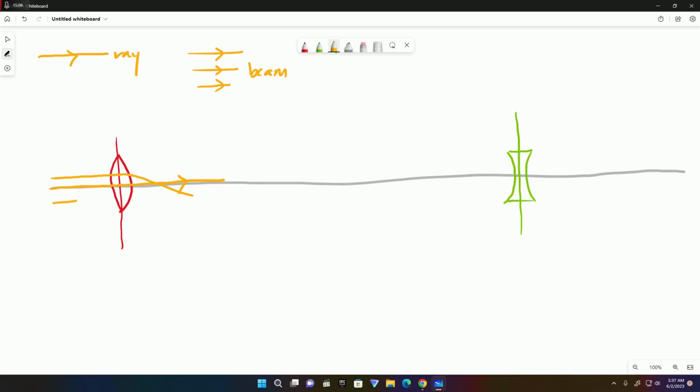Again, these are just sketches, right? Nothing here is drawn to scale. My convex lens is going to focus the light, and my concave lens is going to do the opposite.